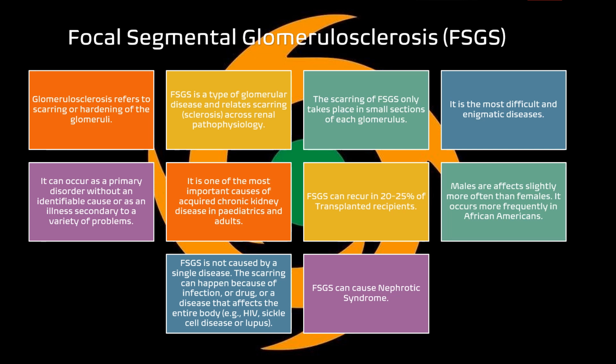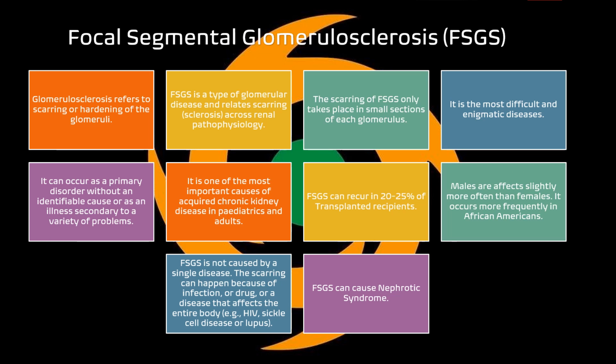The scarring is consistent with where blood enters and exits, and it is those parts around the nephrons and glomeruli that are primarily affected in FSGS.